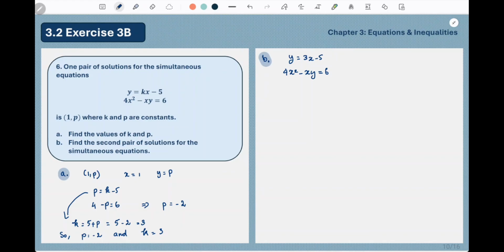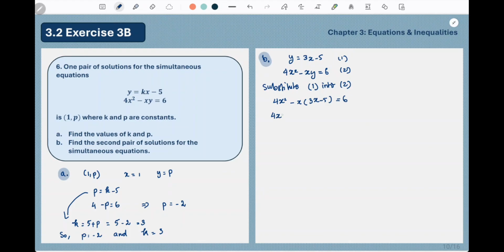Okay, so I'm going to substitute the first one into the second one. So substituting 1 into 2, it's going to become 4x squared minus x times y, where y becomes 3x minus 5, equals 6.